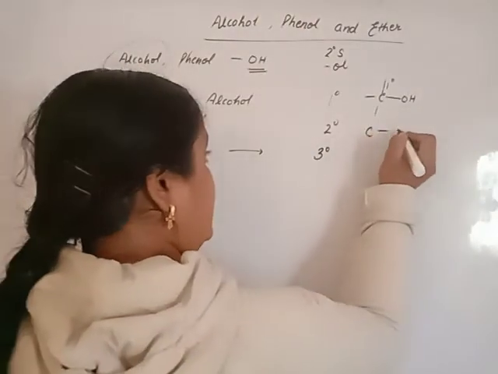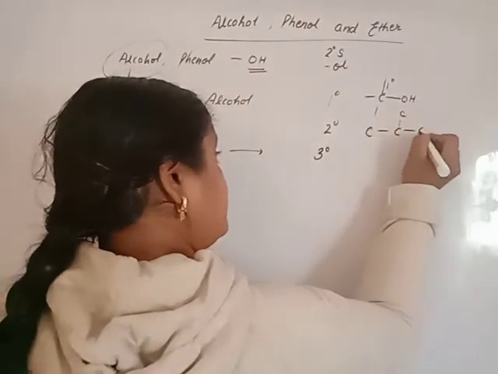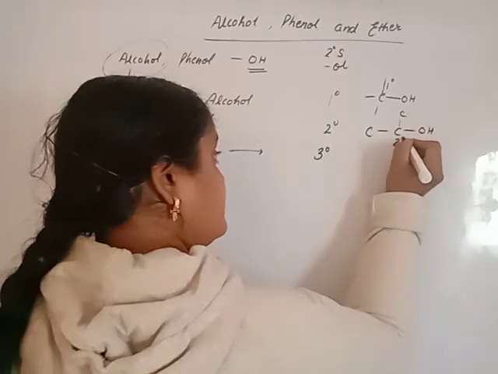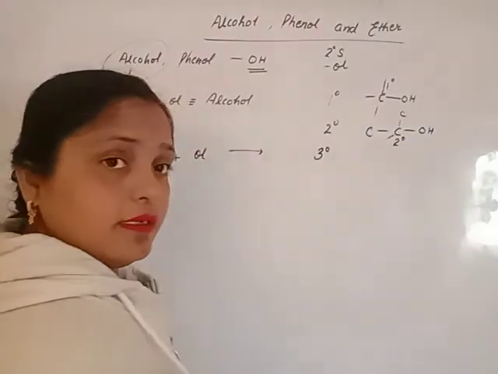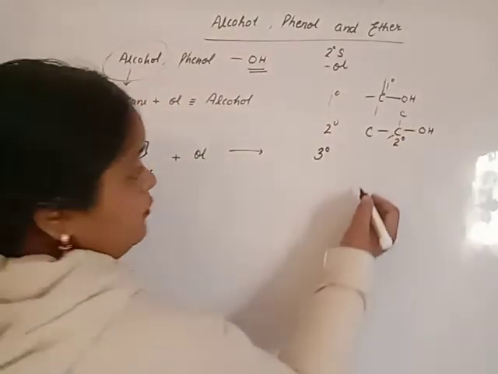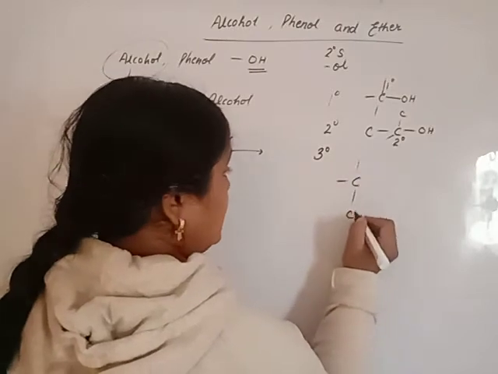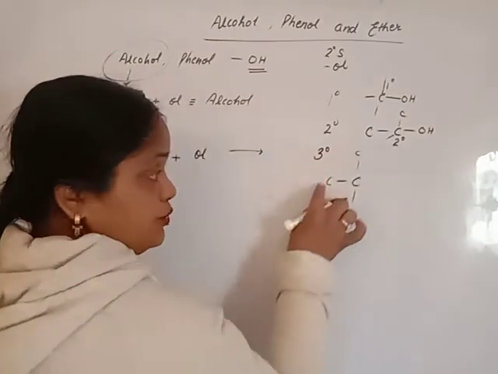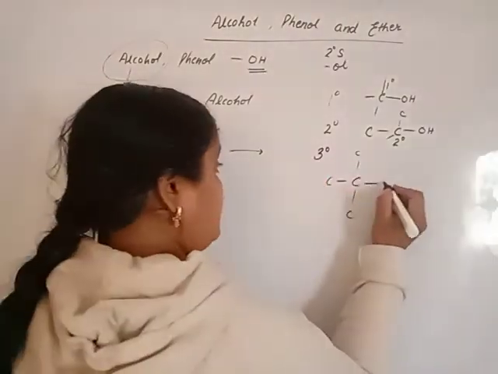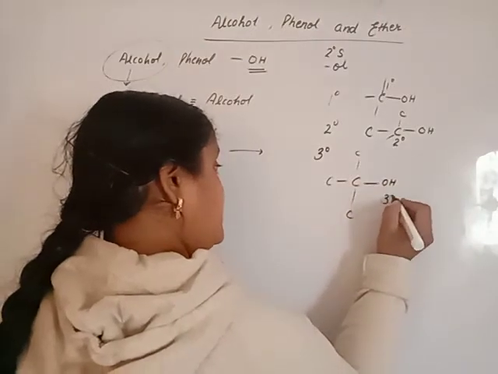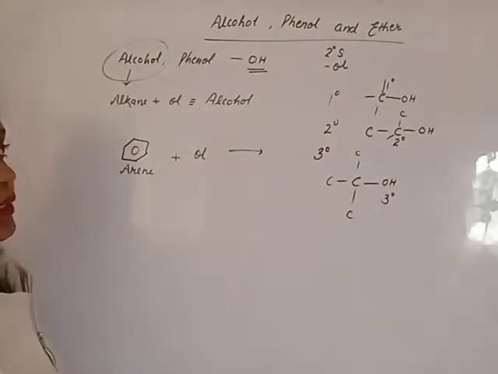If the OH group is attached to the secondary carbon, it is secondary alcohol. If the OH group is attached to a tertiary carbon, the carbon attached to another three carbons and with the OH group present on it, it is tertiary alcohol. Phenol is not categorized in this way.